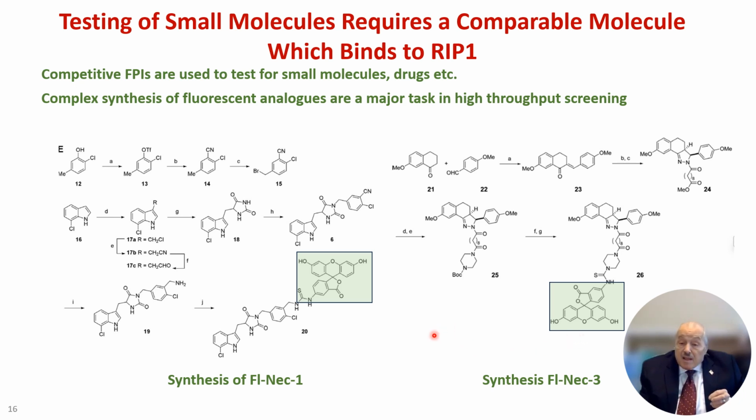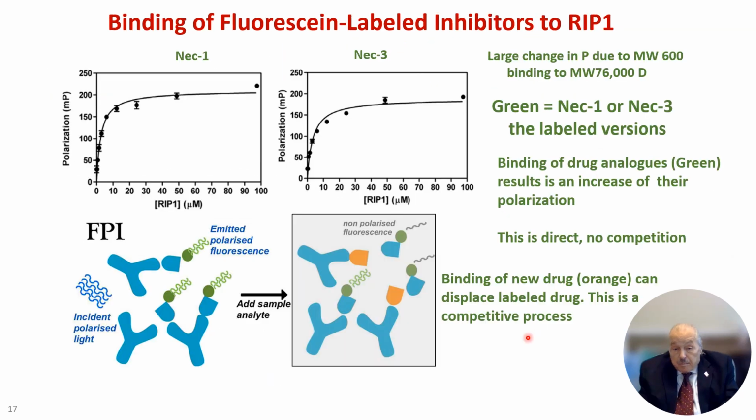So the first thing they needed to know is, okay, we know this part of the molecule bound to RPI1, but what happens when we put fluorescein on it? Maybe that inhibited the binding. Same thing for the other one.